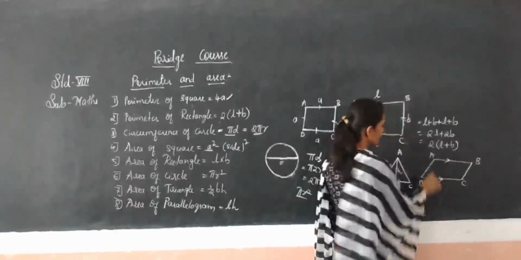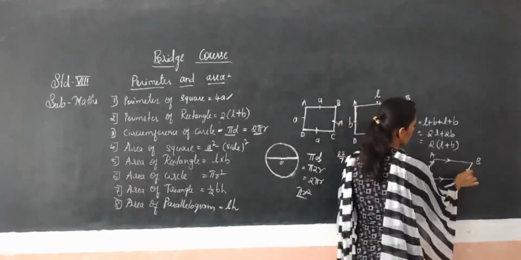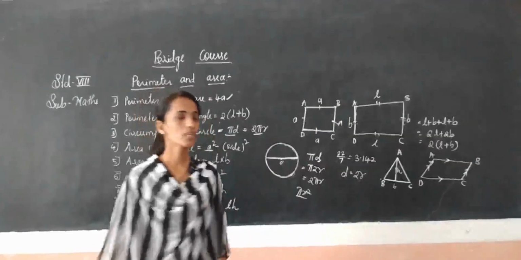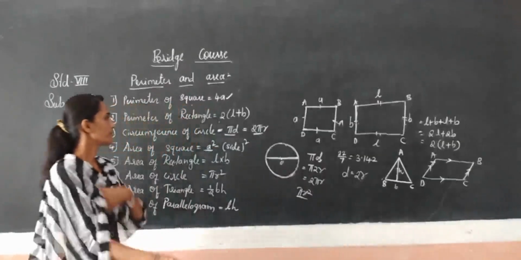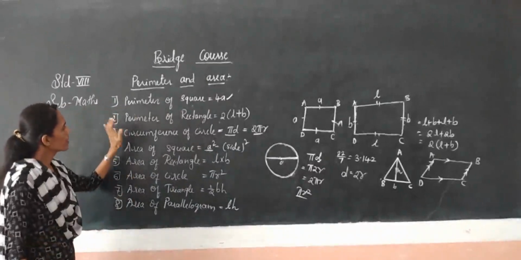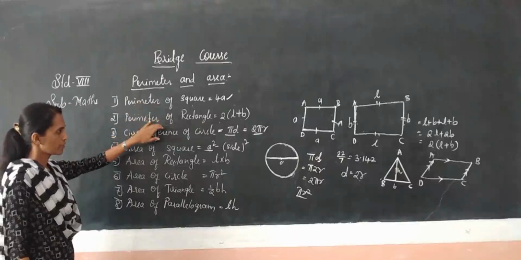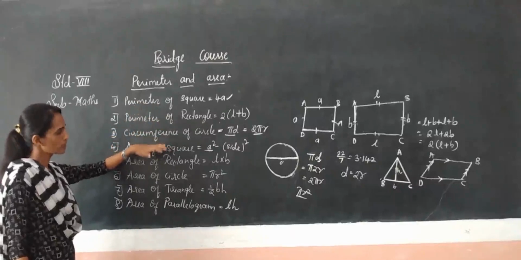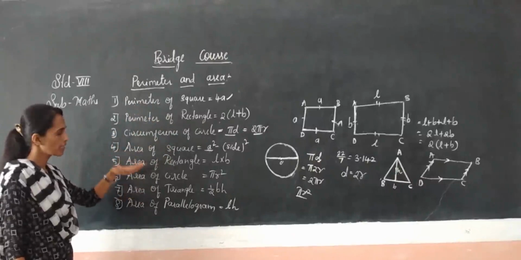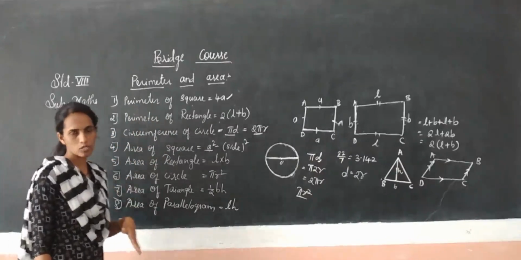AB is parallel to DC and AD is parallel to BC. So opposite sides are parallel. So here we studied perimeter of the square, perimeter of the rectangle, circumference of the circle, area of the square, area of the rectangle, area of the triangle, area of the circle, and area of the parallelogram.